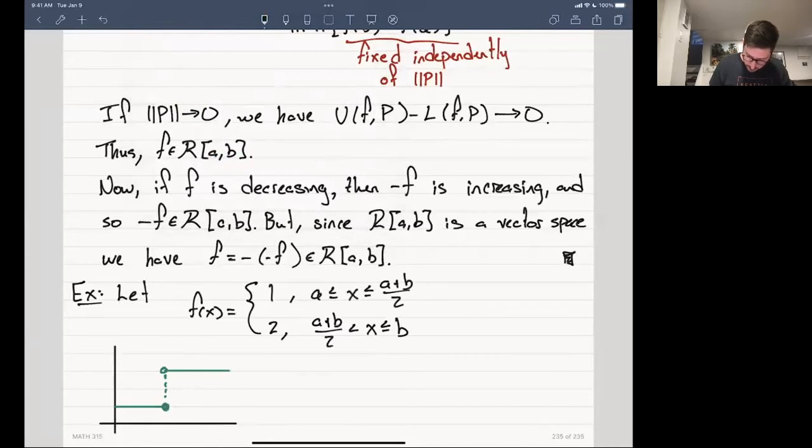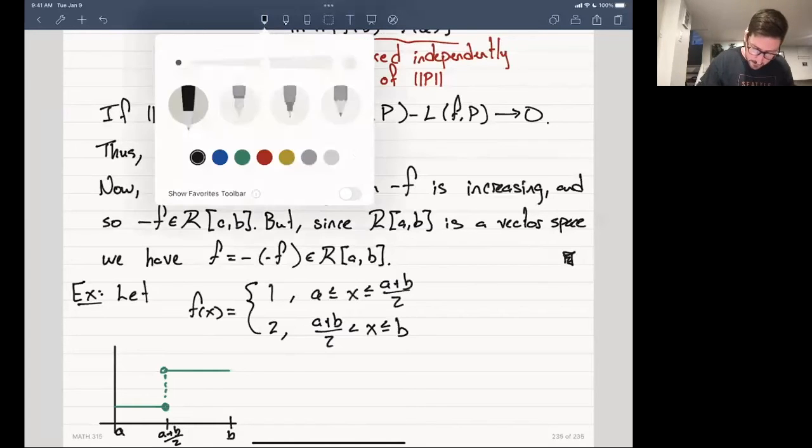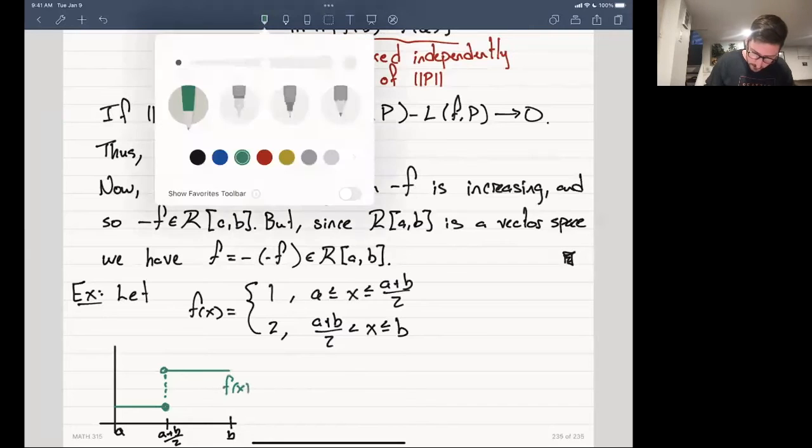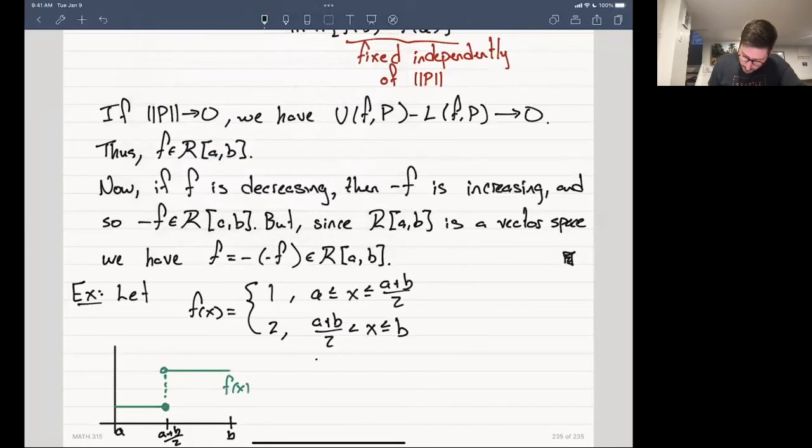And let's say this is b, this is a on the left, and this is a plus b over 2. Sorry, I had to squeeze that in. But this function right here, f of x, is monotone because it's increasing, which implies f is a Riemann integrable function on this interval AB.